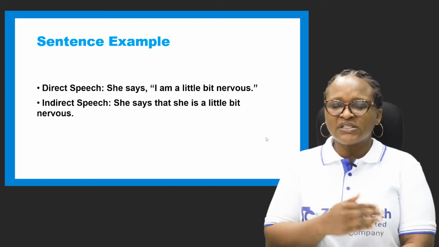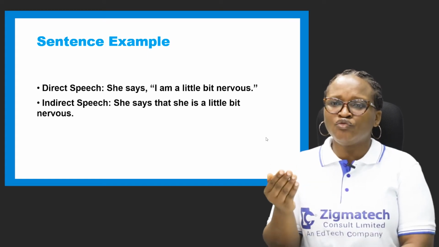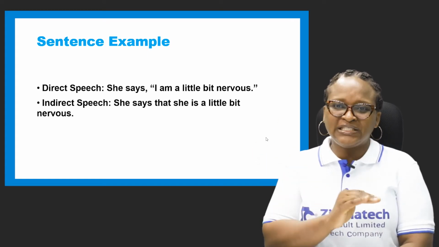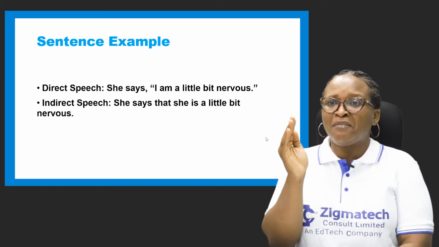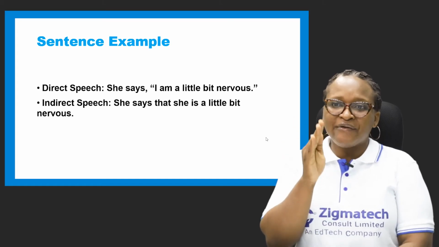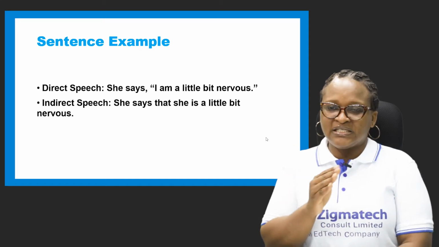Very important, because in an exam or in writing, you could be asked to move from indirect to direct. If you're not conversant with noting the punctuation marks needed in direct speech, you could fail in that exam.